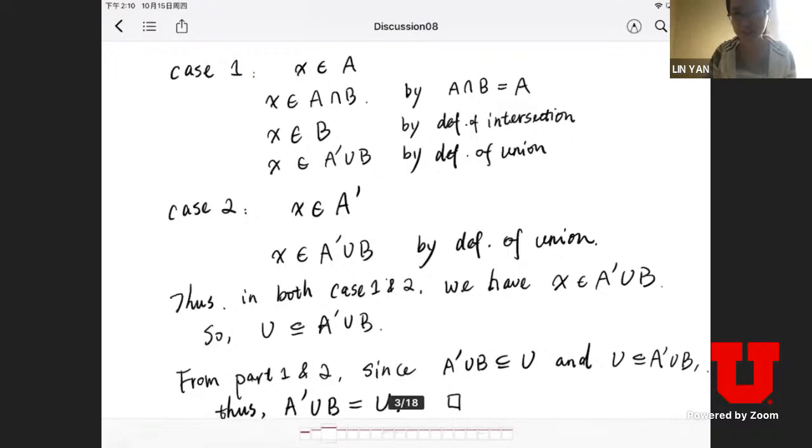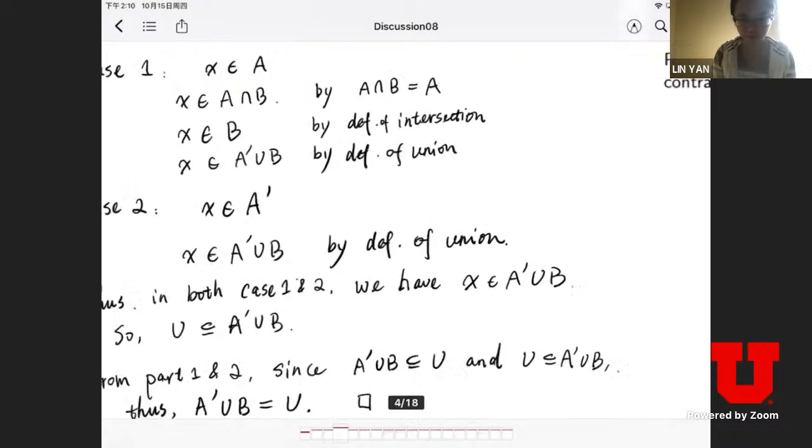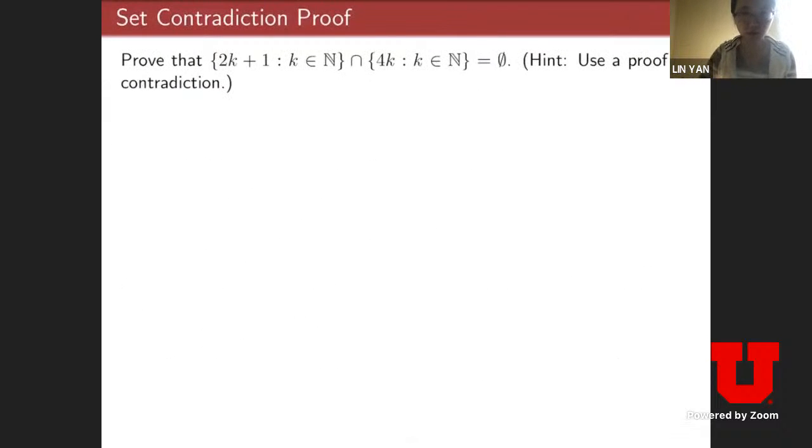Okay, let's go to the second one. We need to use a proof by contradiction to prove that the intersection of these two sets is empty. I will give you 2 minutes to think about it, and then we will work on it together.